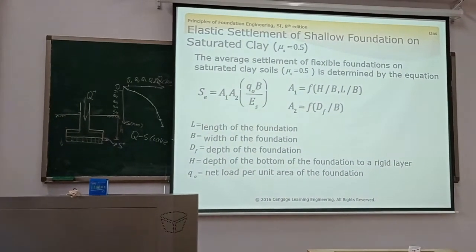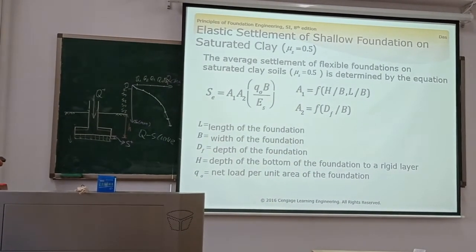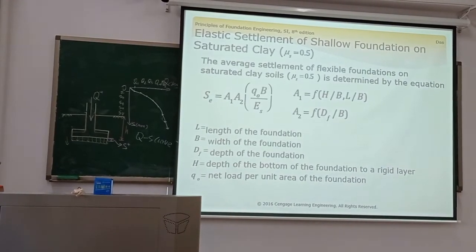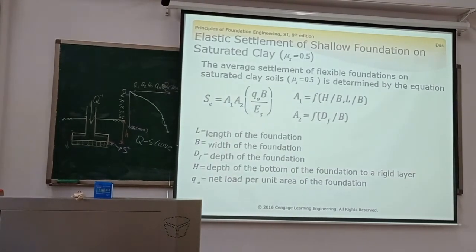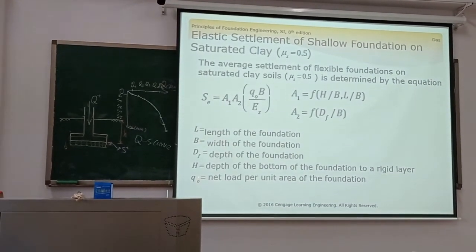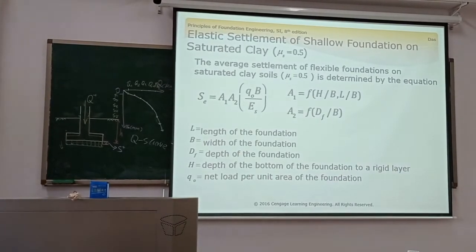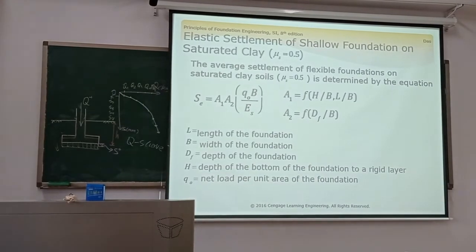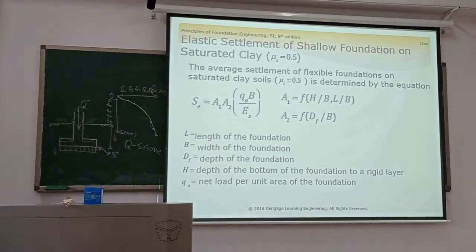L is the length of the foundation, B is the width, DF is the depth of the foundation, and H is the depth from the bottom of the foundation to the rigid layer. Q0 is the net load per unit area of the foundation. ES is the modulus of the soil.